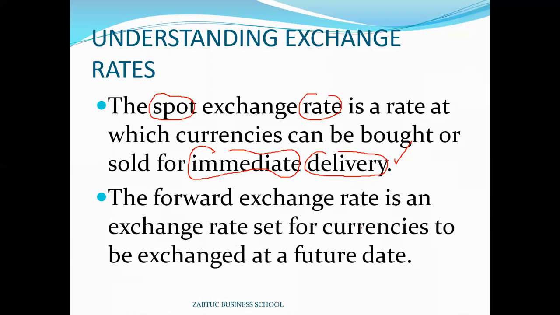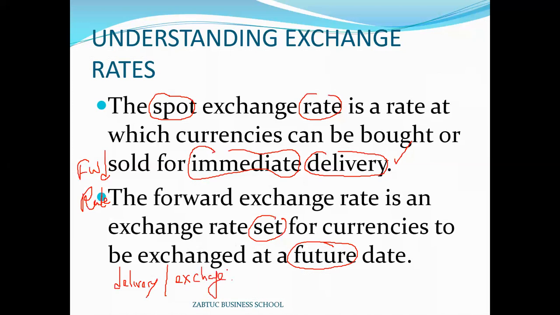The forward exchange rate is an exchange rate set for currencies to be exchanged at a future date. So a forward rate is the rate that we agree today. So a forward rate is agreed today, but the delivery of the currency or the exchange of the currency will take place in the future.